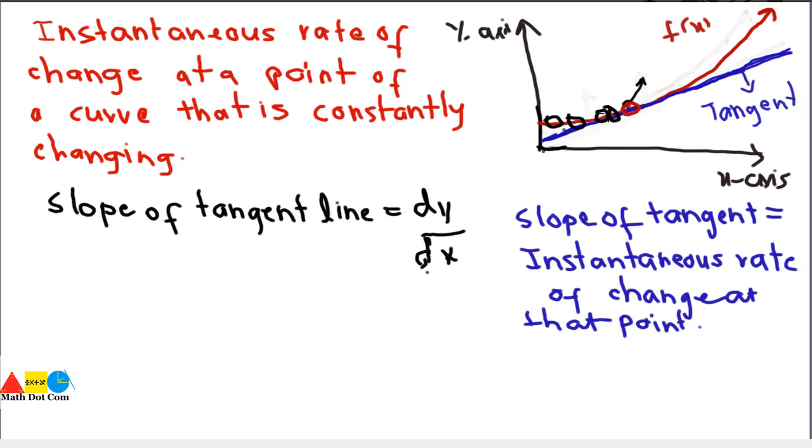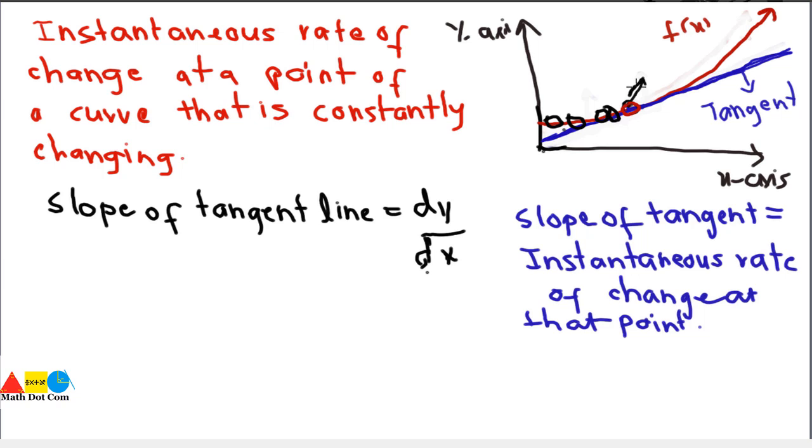So let's find the derivative here. Let's see how you can find it. We will find the slope between this point and the point that is near to it in a way that the x approaches 0.